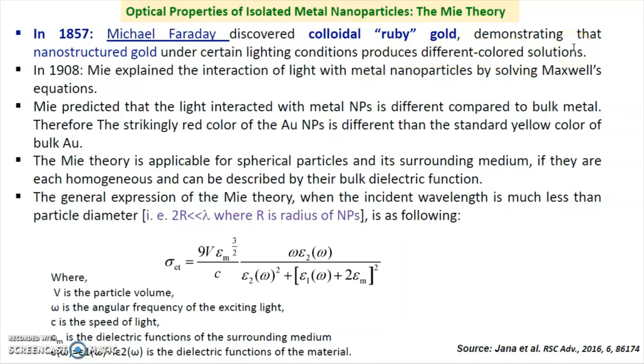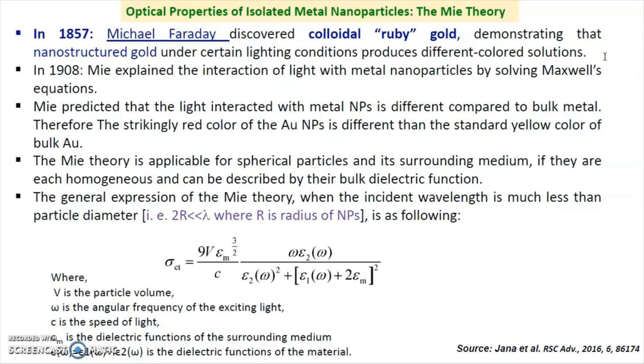You all are familiar that gold looks yellow to all of us, but when we make nanoparticles of gold, and we have a colloidal solution of gold nanoparticles, then it looks red in color. So why do the gold nanoparticles look red in color? That is what we are trying to understand.